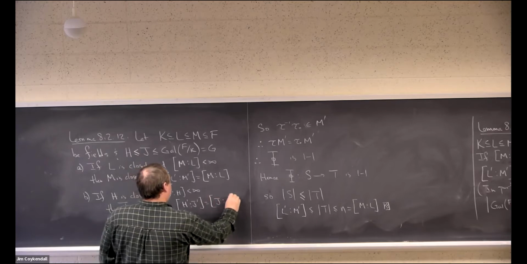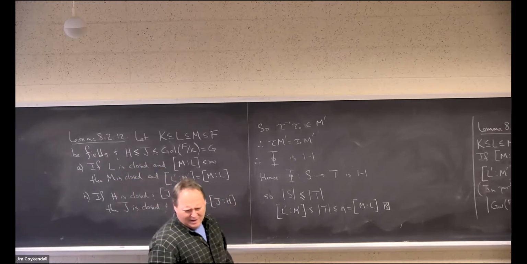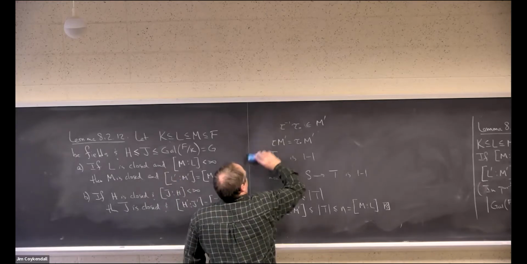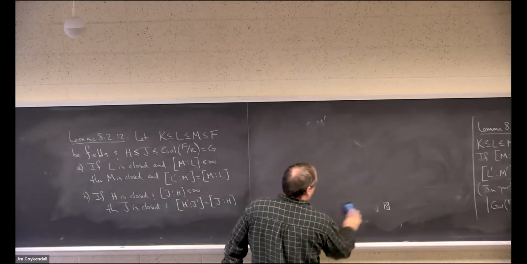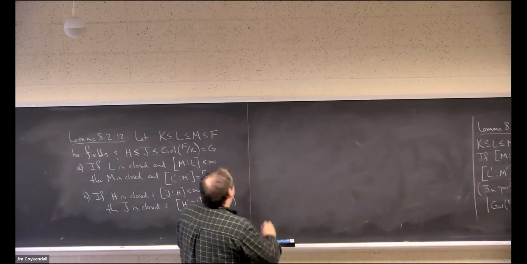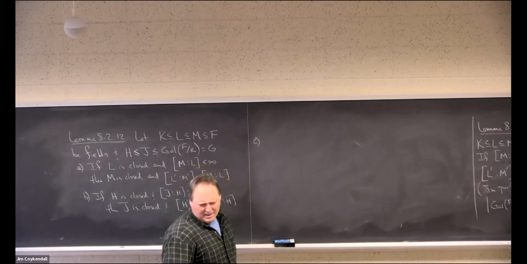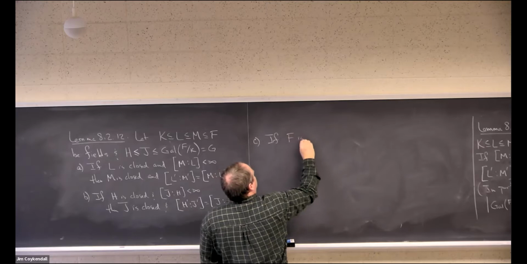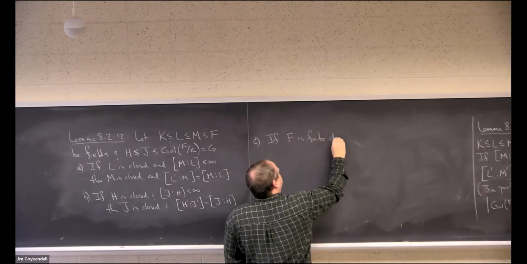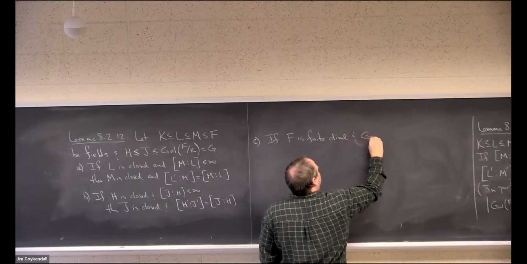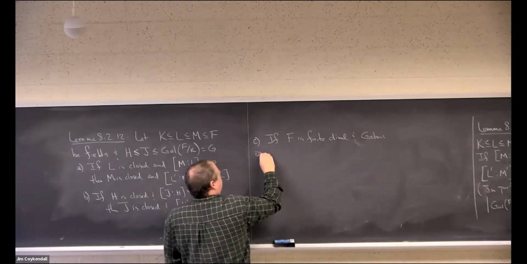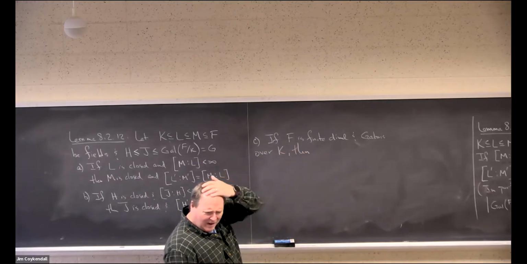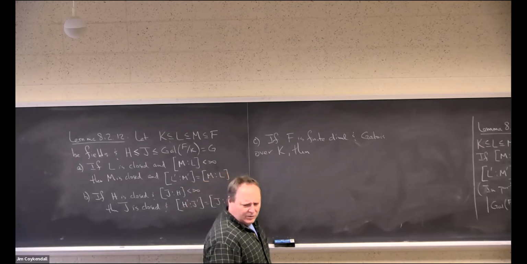In particular, if F is finite dimensional Galois over K, then all intermediate fields and all subgroups of the Galois group are closed.